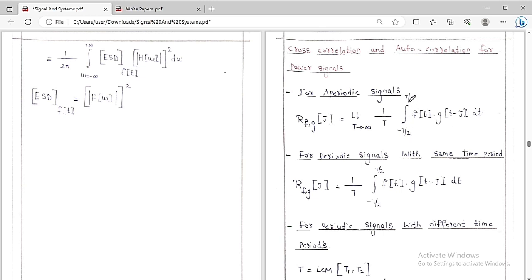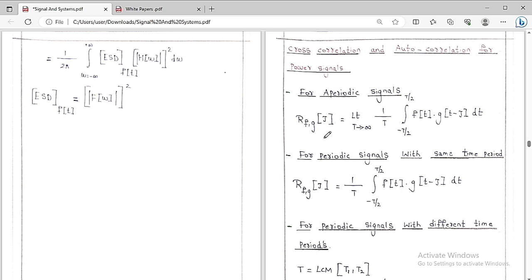But here the extra factor is 1 by T and the limit, and we integrate over only one time period, from minus T by 2 to T by 2. This is the point we have to remember. So this is a cross correlation.